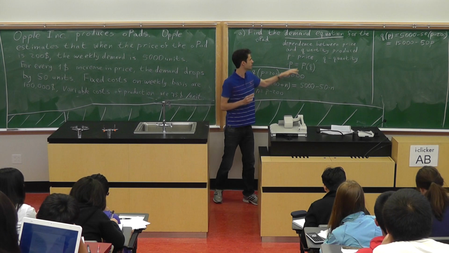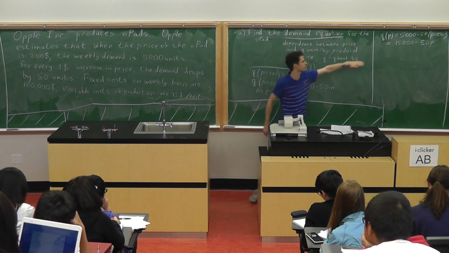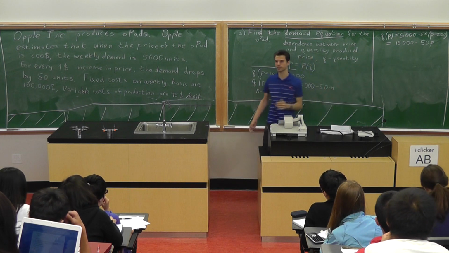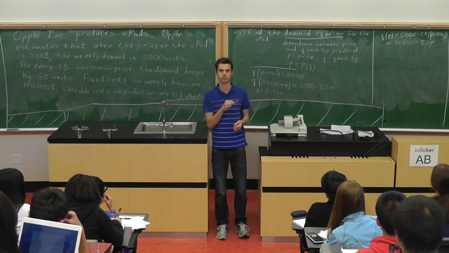Okay, and now finally we can write the demand equation. There is nothing really wrong about this one, but the convention is to write the demand equation as the dependence of price on the quantity.